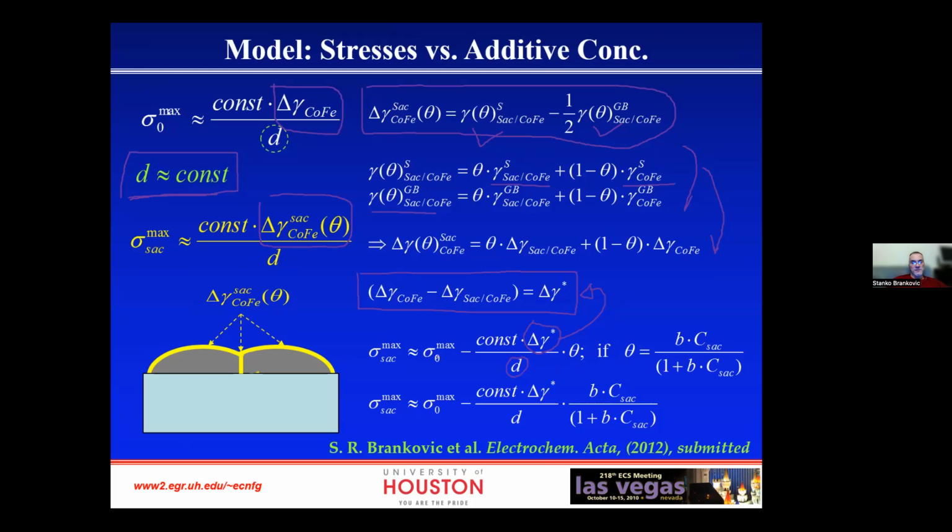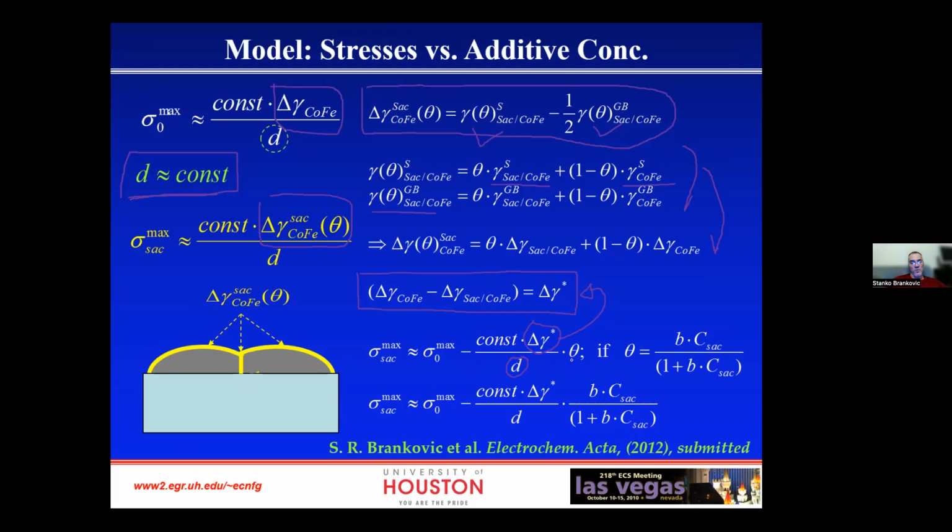Eventually, this is a good expression. It does tell us that the coverage of the additive on the surface is actually playing an important role, number one. Number two, if theta is equal to 0, which means the maximum stress doesn't include any additive modification of the stress, then this term becomes equal to the maximum stress without additives.